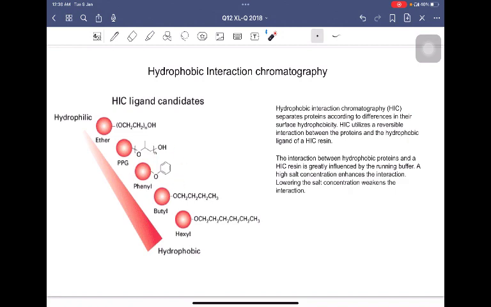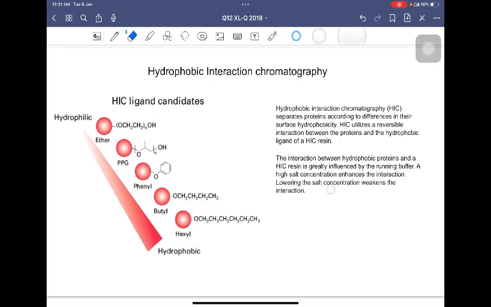So basically, when sepharose is coated with phenyl groups, the interaction between the hydrophobic proteins and the hydrophobic chromatography resin is greatly influenced by the running buffer. If the buffer has high salt concentration, it enhances the interaction between the hydrophobic matrix and the hydrophobic proteins.